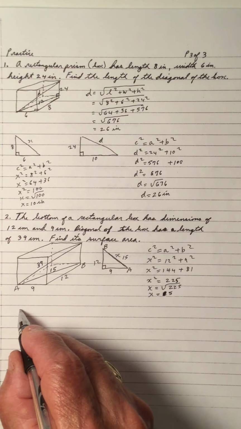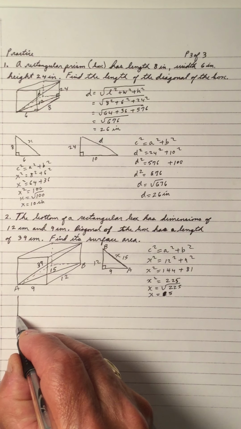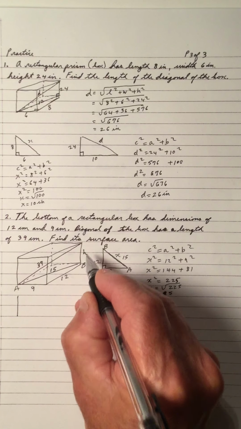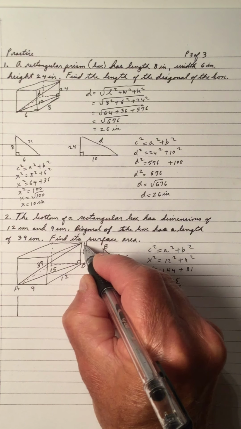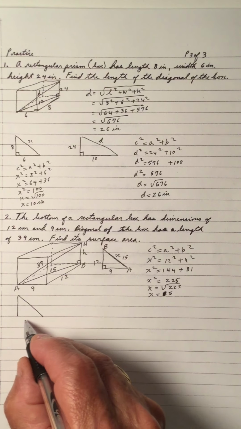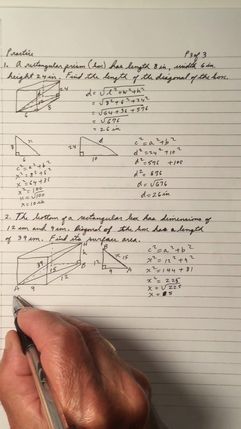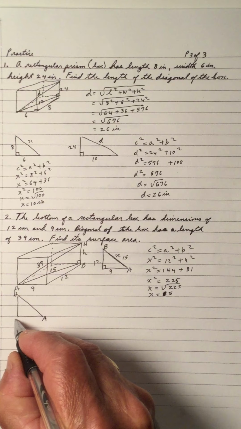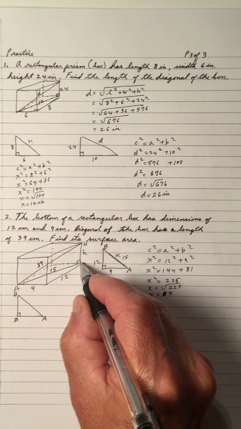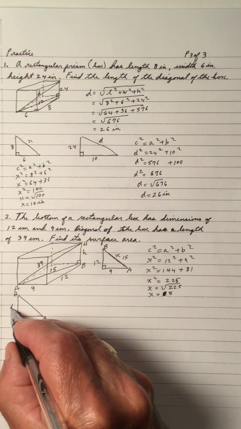Now we have another triangle. We've got to get the height. So we have a triangle that's A, B, H. We can draw it that way. I've got an H, an A, and a B, with a right angle in the corner. So there's the height.